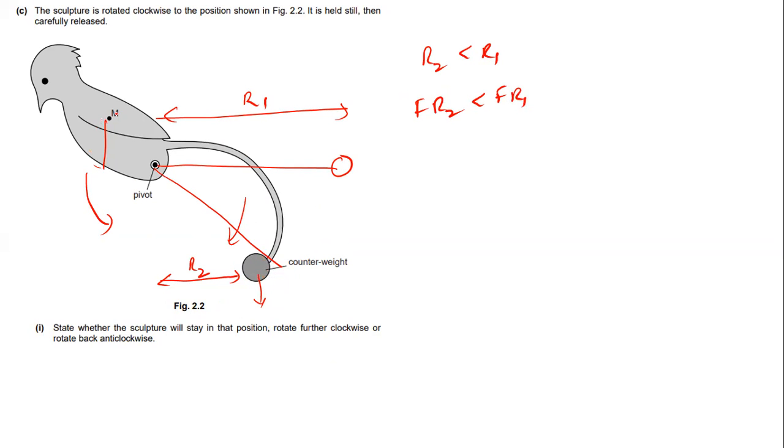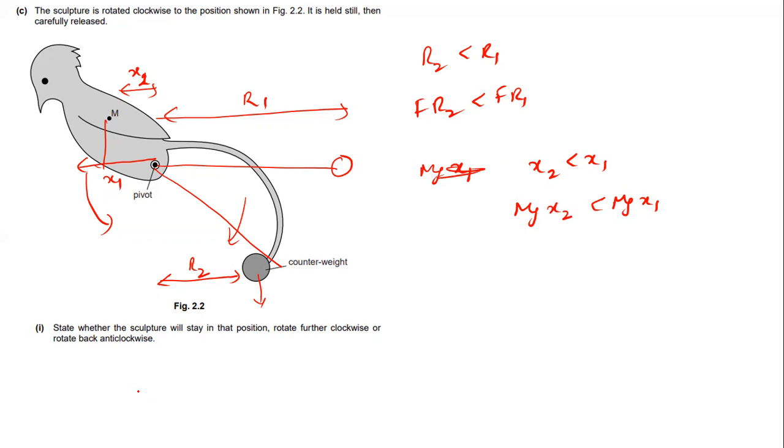Now, let us analyze the same thing here also. Let me call this X1, or maybe the new position. This is your new position, this is your X2, and this was your X1 over here. Now here you had mg multiplied by x1. x2 is less than x1, so mg multiplied by x2 is less than mg multiplied by x1.